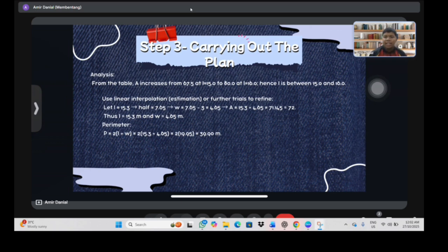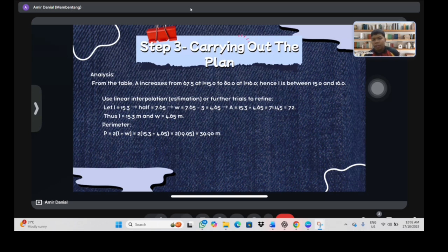So the analysis from the table is that A increases from 67.5 at L is 15 to 18 at L is 16. Hence L is between 15 and 16. Okay, so we can use linear interpolation, which is estimation, with further trials to refine.